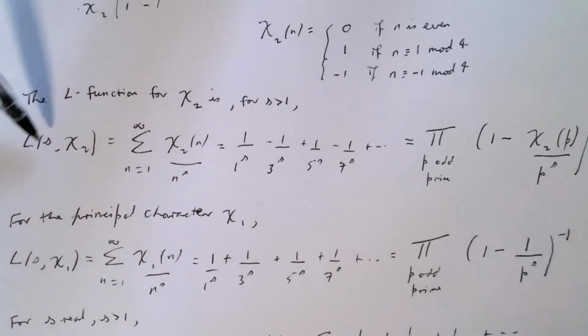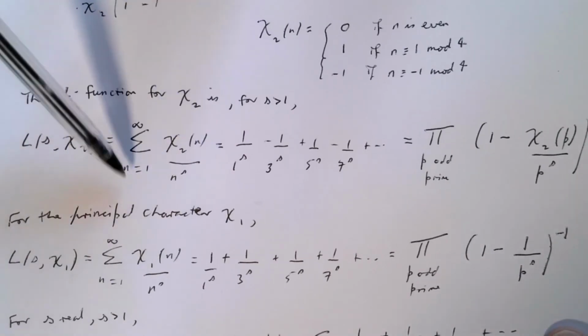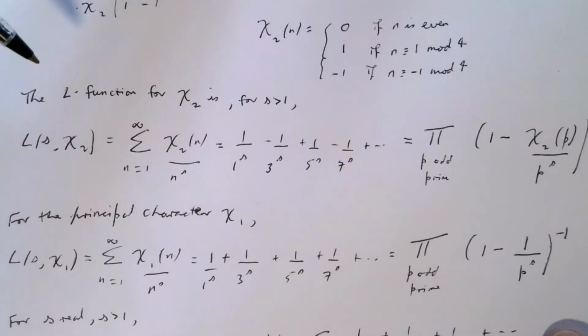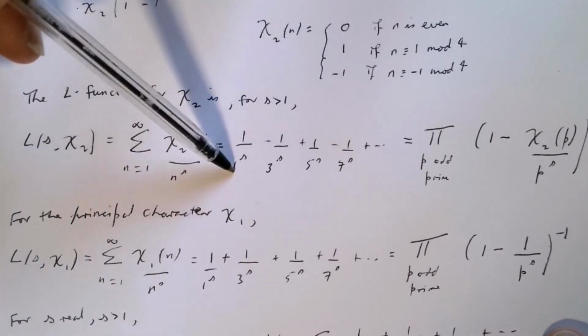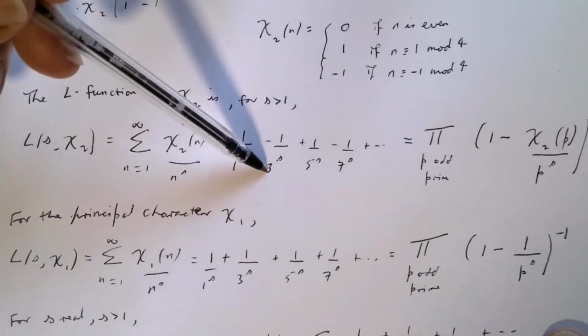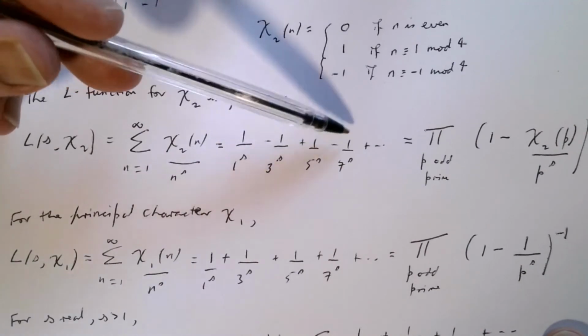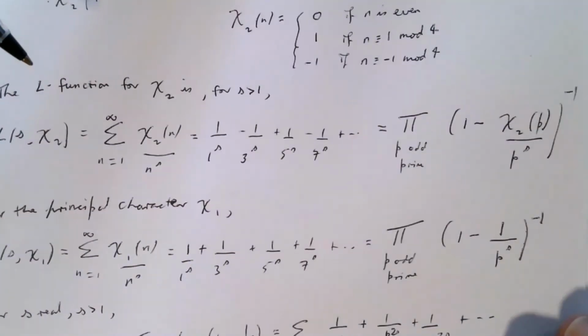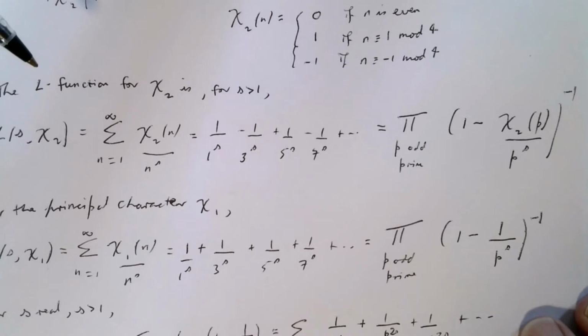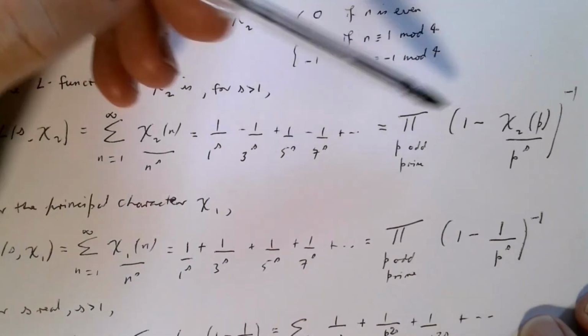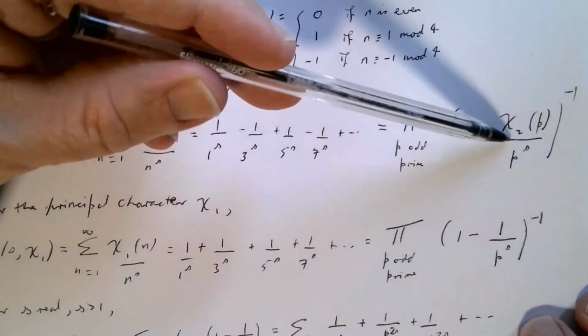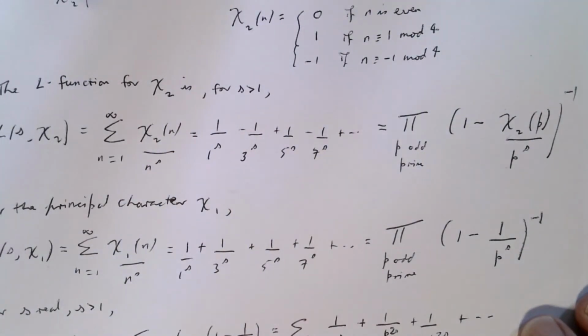So L of s and chi2 is this sum. That's how we defined it. And now it's just 1 over 1 to the s, minus 1 over 3 to the s, plus 1 over 5 to the s, minus 1 over 7 to the s, and so on. And the corresponding Euler product is this thing here. It's the product over odd primes p of 1 minus chi2 of p over p to the s, all to the minus 1.